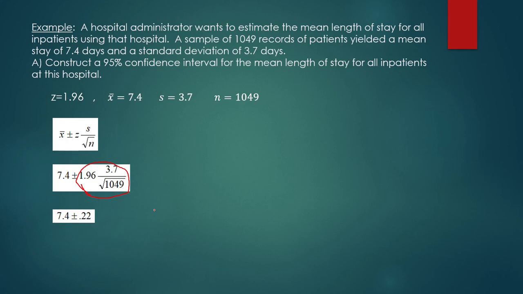And that reduces to 0.22. When I do this on a calculator, make sure to subtract first and then add. So 7.4 minus 0.22 gives us 7.18. And doing the addition yields 7.62.